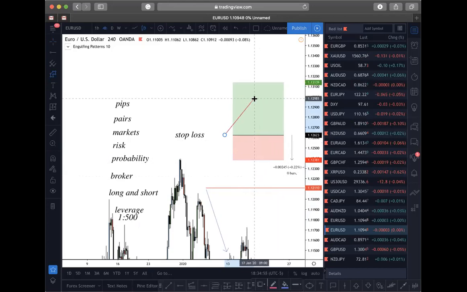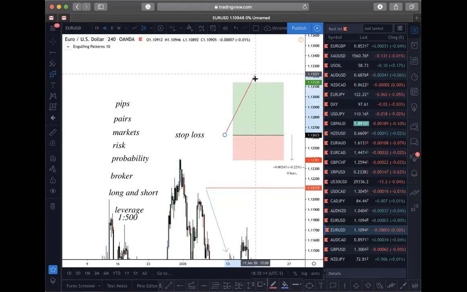Your take profit is simply the price you would like to get out at in profit. Meaning if your target, the distance from the entry price to the top here, is worth about $20, that's your target.